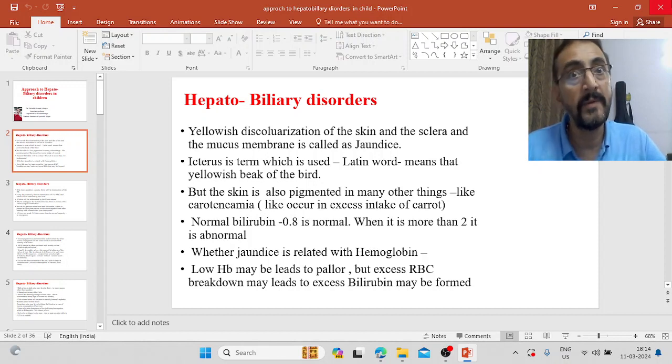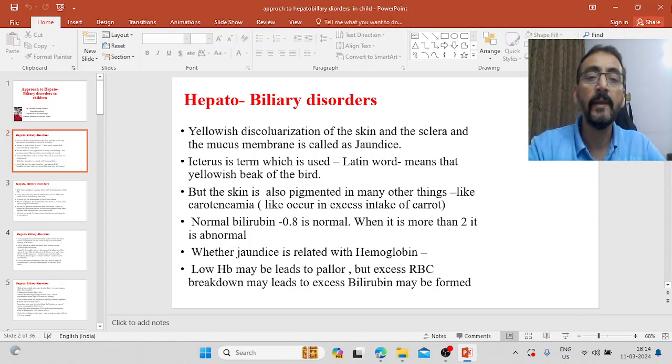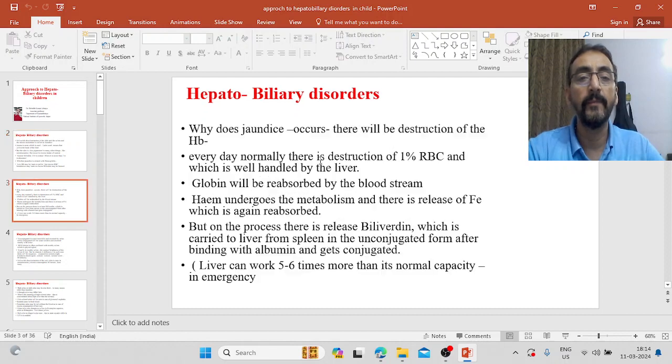There are some conditions where the whole RBC gets destroyed. There are some conditions where the whole RBC is not destroyed, only hemoglobin comes out of it, and then that hemoglobin undergoes metabolism and production of biliverdin, bilirubin, etc. So this point has to be kept in mind. These are some of the minute points that we will see one by one.